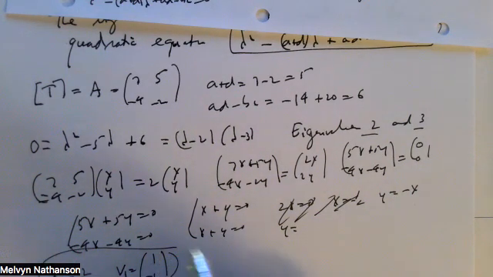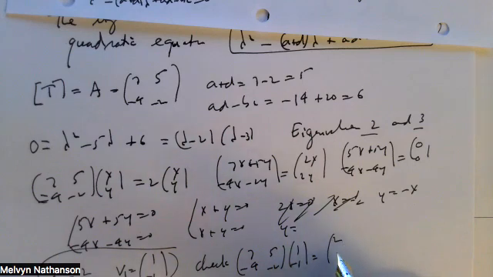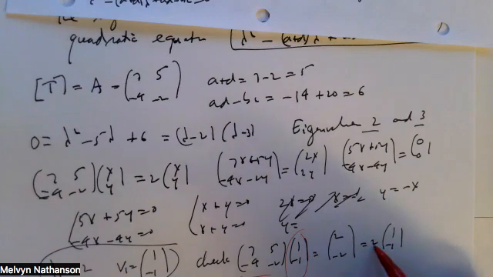Let's just check. 7, 5, minus 4, minus 2 times 1, minus 1. This is 7 minus 5, or 2. Minus 4 plus 2 is minus 2, which is 2 times 1, minus 1. So my matrix applied to this vector is 2 times that vector. So that's the eigenvalue.